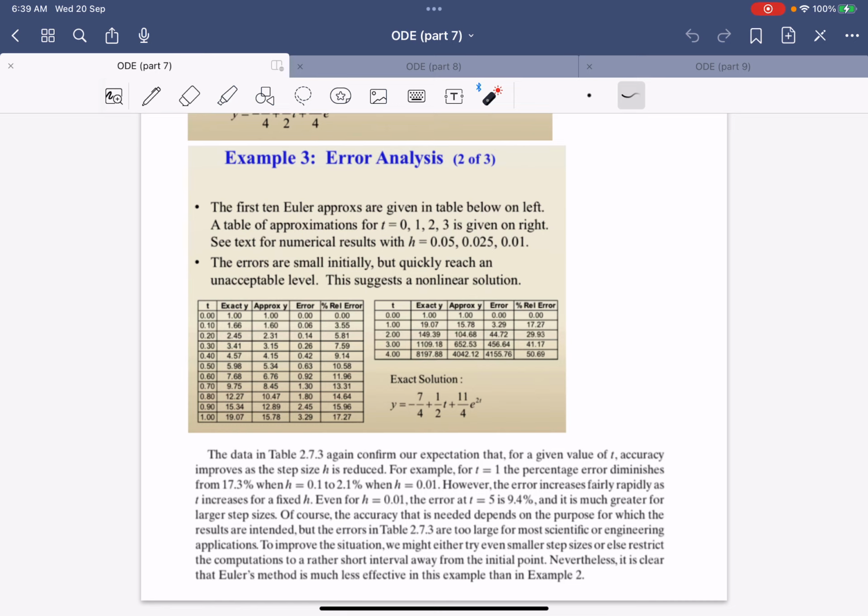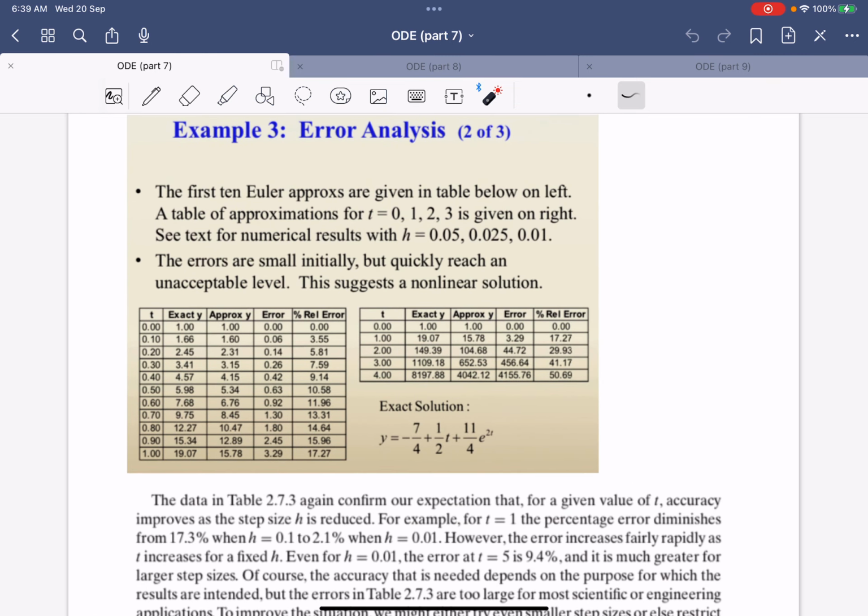But in this case, we realize that the error becomes very huge already. At t equal to 4, you're 50% wrong, or larger already.